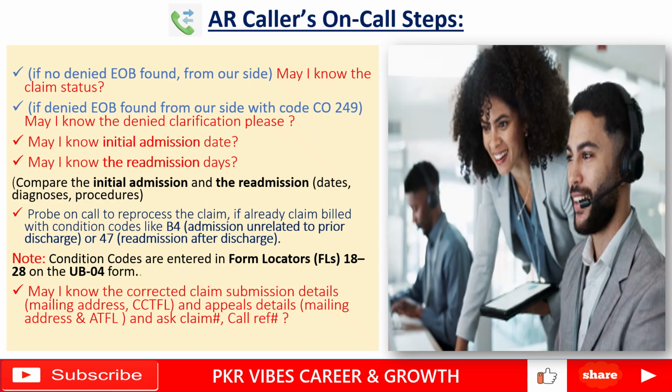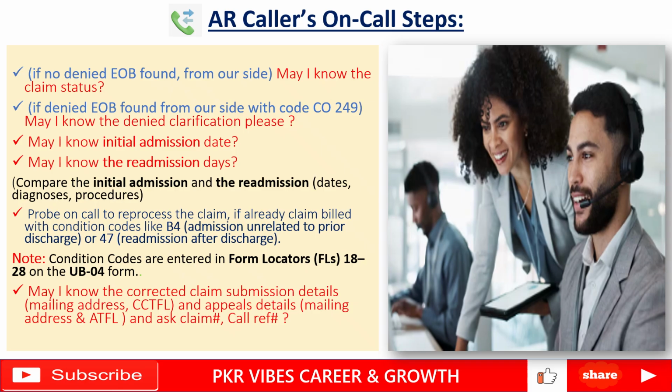The field locators are boxes 18 to 28 on the UB-04 hospital billing claim form. We can observe the condition codes there. For example, your denied claim may already have the B4 condition code in those field locators.